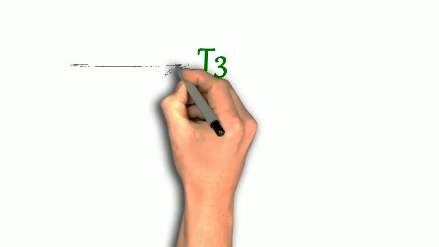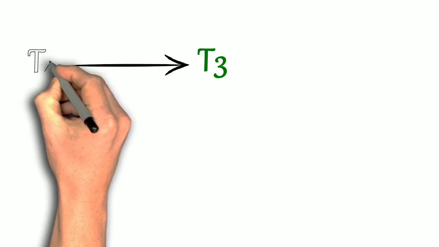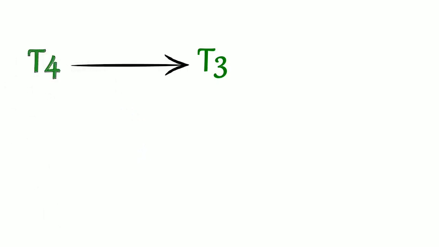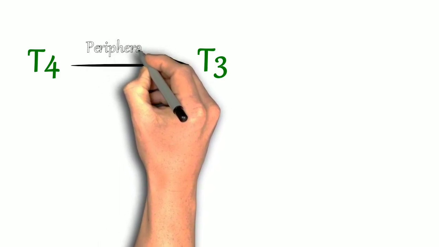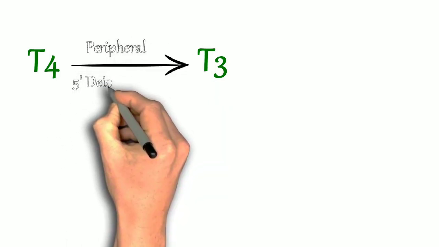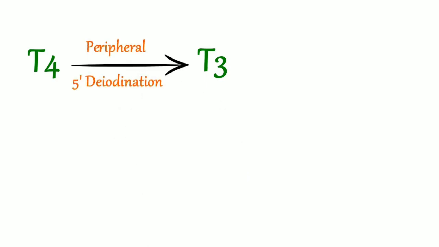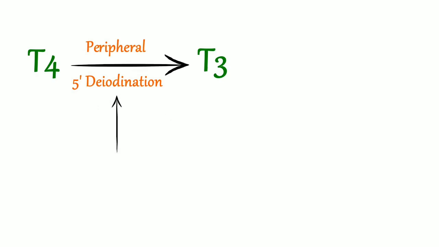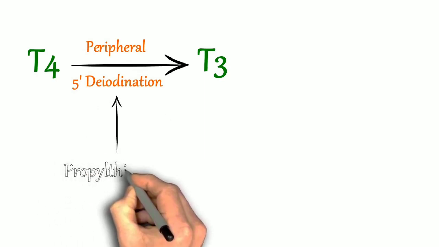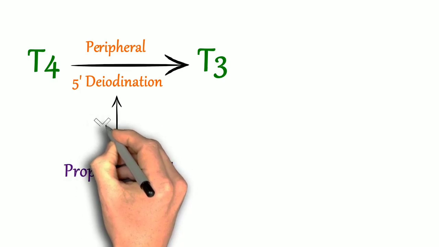Although T3 is released from the thyroid, 75% of the T3 in the body is derived from peripheral 5' deiodination of one of the outer ring iodine atoms in T4. This step is also inhibited by propylthiouracil. So propylthiouracil inhibits the 5' deiodination also.